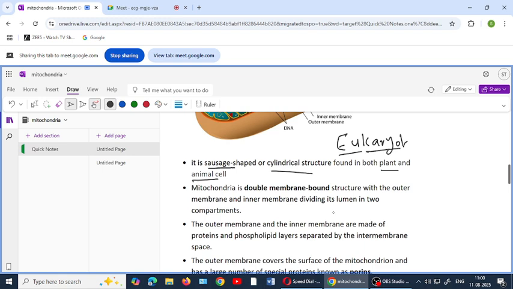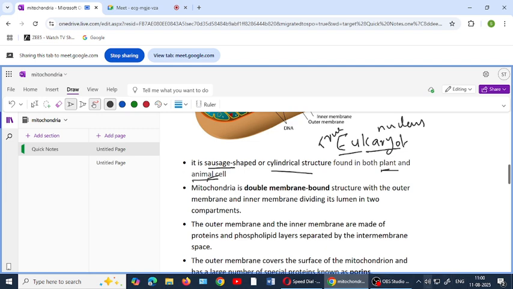Karyo means nucleus, not carry-on. So eukaryote means true nucleus. That means plants and animals are eukaryotes, which means they have a true nucleus.